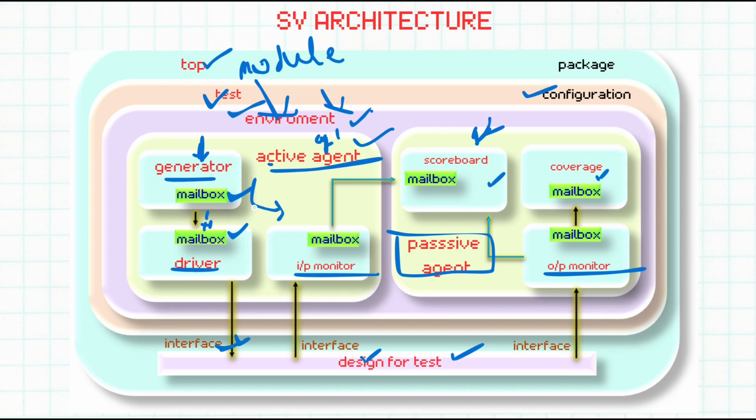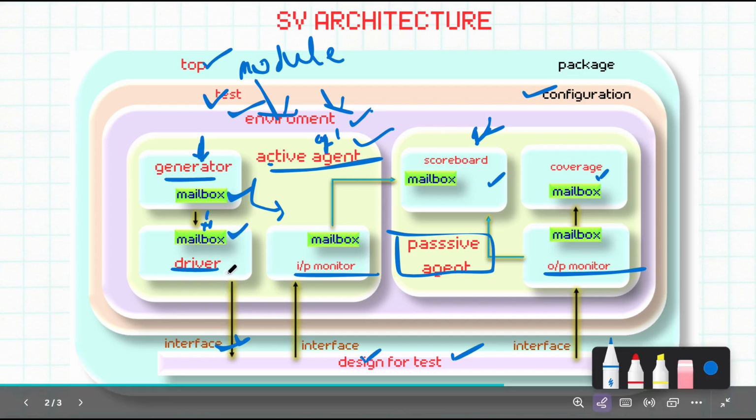We cannot send packets from the driver to the generator. We can only send them from the generator to the driver. Now from the driver to the interface there is a virtual interface, and the packet will go from the driver to the interface. Then the interface will send this data to the DUT, and the DUT will process this data.